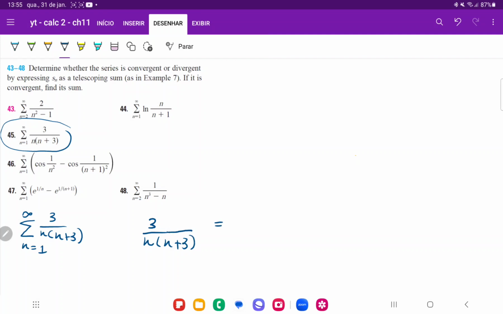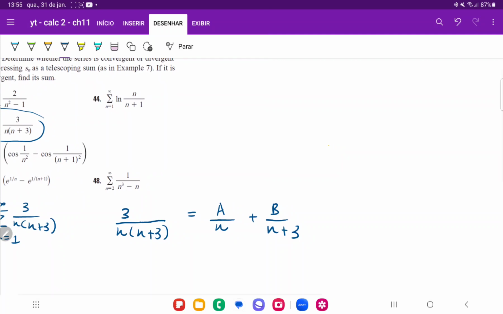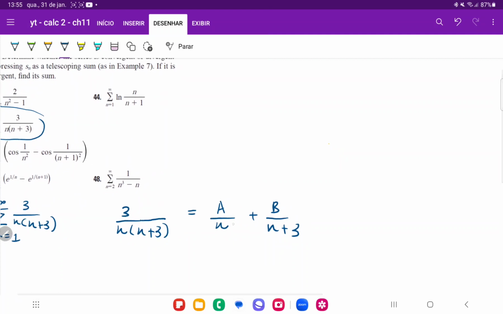So we want to decompose it into some constant a over n plus some constant b over n + 3. And the way that we're going to do this is we are going to join this a over n plus b over n + 3 and then compare it to the left hand side.